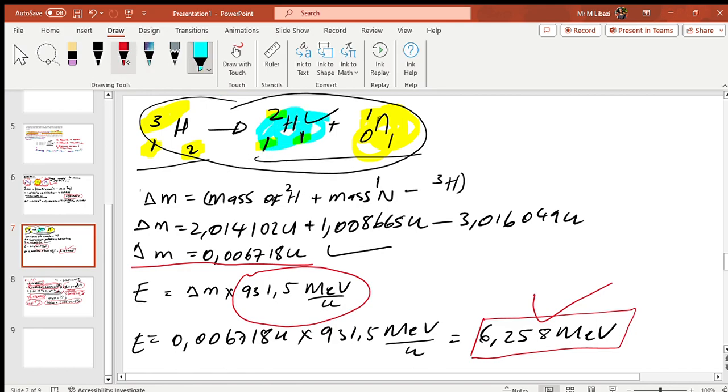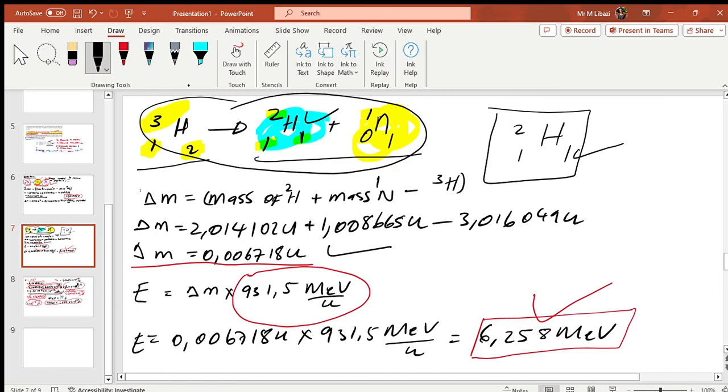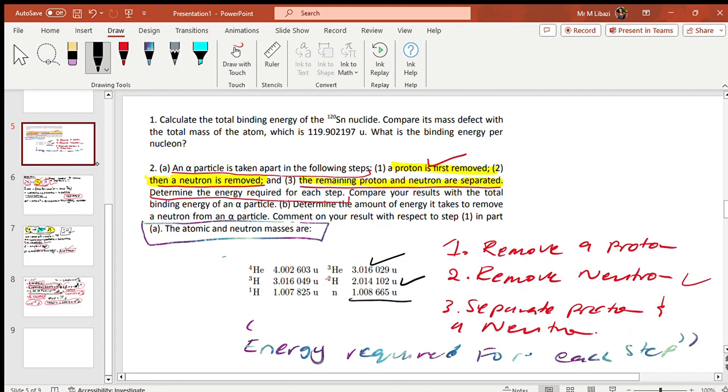That means we are left with 2,1H1. So we need to separate, because obviously we have one neutron and one proton. Now we need to separate these according to the question.